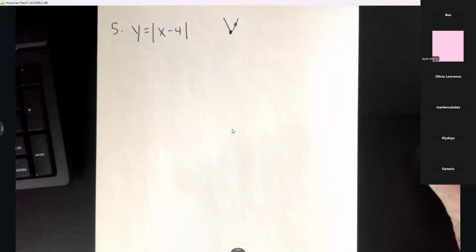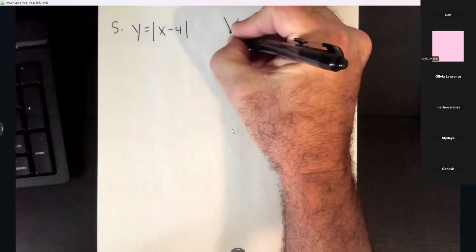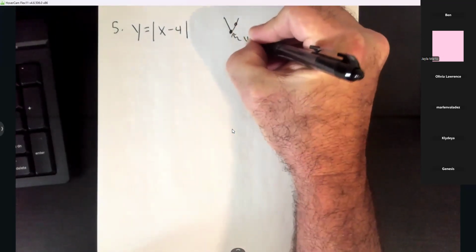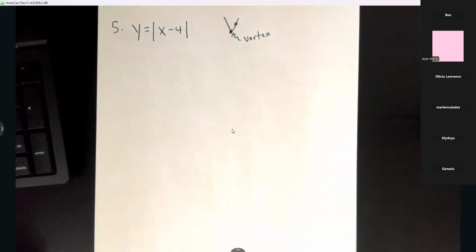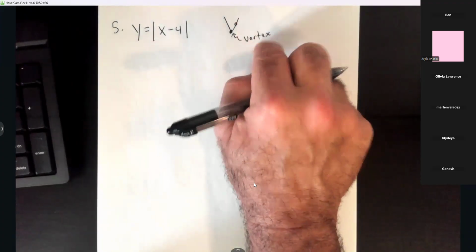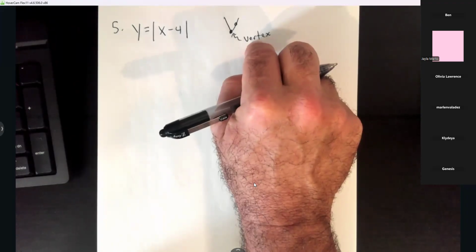Well, let me pull my paper back up. So this is the vertex, and we'll learn about that a lot more later, toward the end of our second week, I believe. But the vertex has to be the first point you plot.